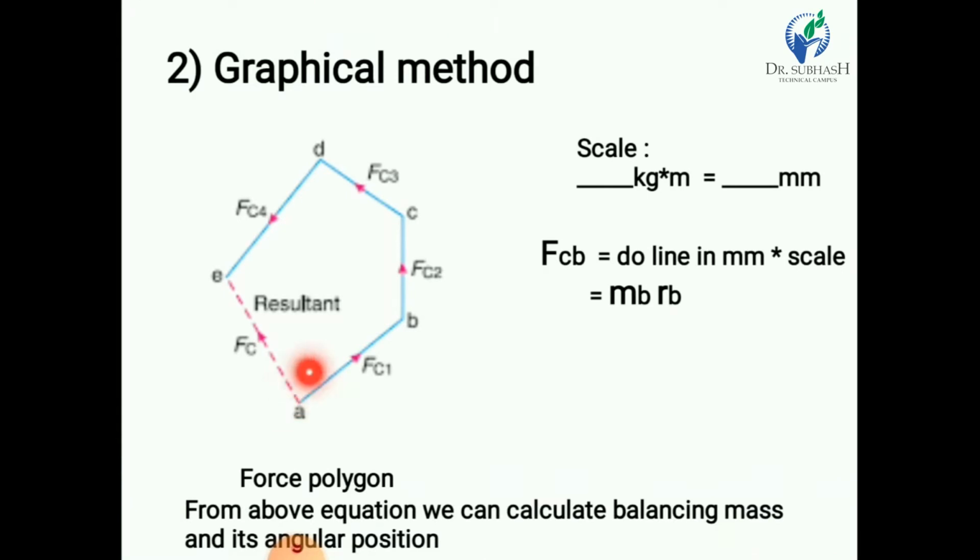So again, draw the AB line, which makes an angle theta 1 with the horizontal line. Then similarly, draw the BC line which makes an angle theta 2 with the horizontal line.